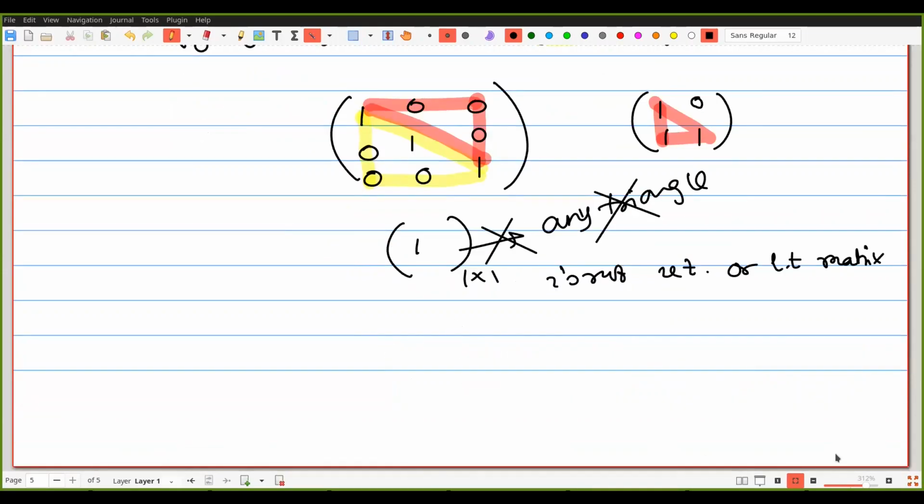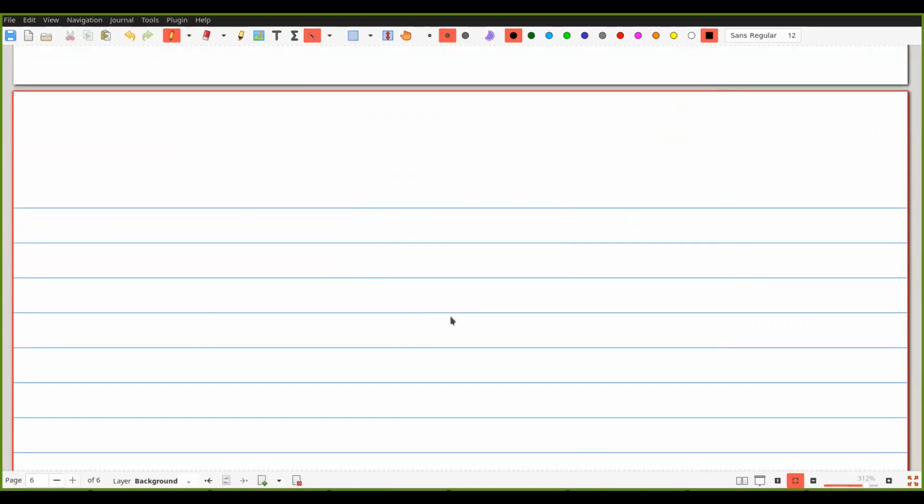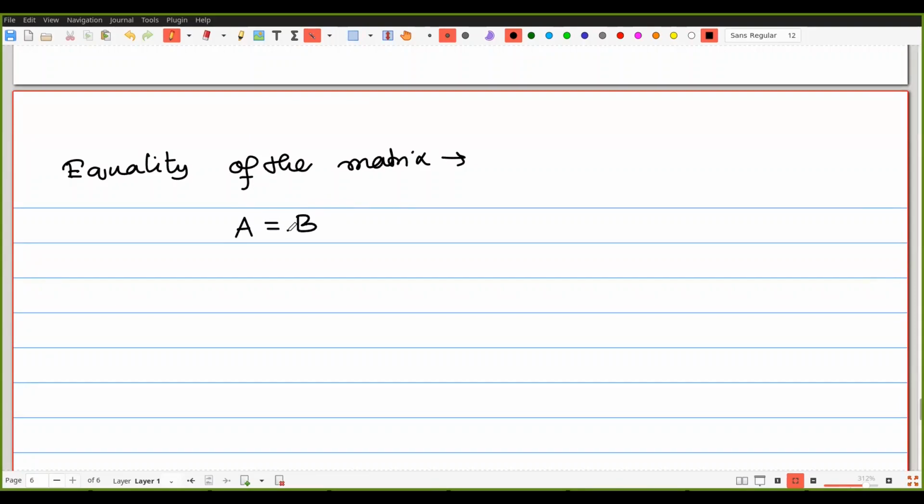Next, another thing is there, that is called the equality of the matrix. What is the meaning of equality of the matrix? Equality of the matrix means A is equal to B. So for the equality of the matrix, number one condition, the two matrices have to be of the same order.